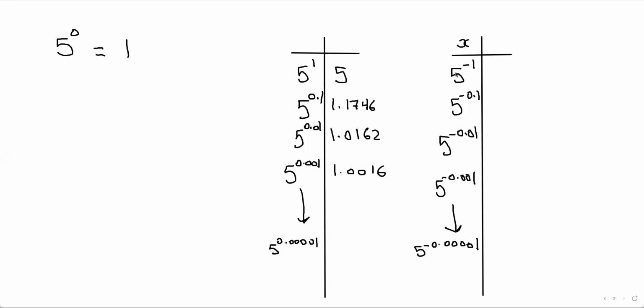So we will start off with 5 to the power of -1, and that gave us 0.2000. We're going to stick to 4 decimals. How about 5 to the power of -0.1? That gave me 0.8513. How about when we do 5 to the power of -0.01?